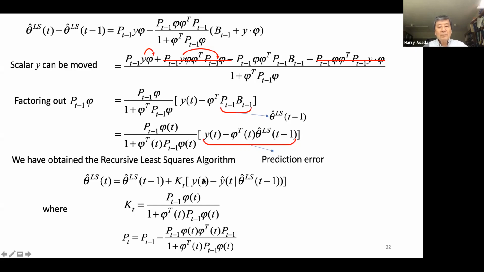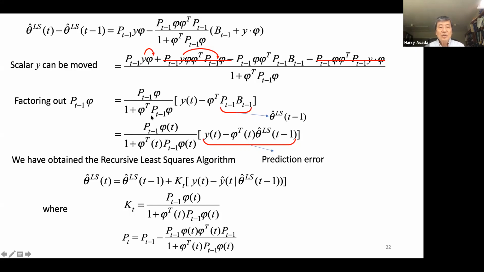Okay, so compared to this and to the original, the goal of this analysis, we would like to find how much this previous one is to be corrected and updated to get the new one. We would like to see that the correction is proportional to the prediction error, just exactly like this, and then multiplied by some specific gain, K_t.